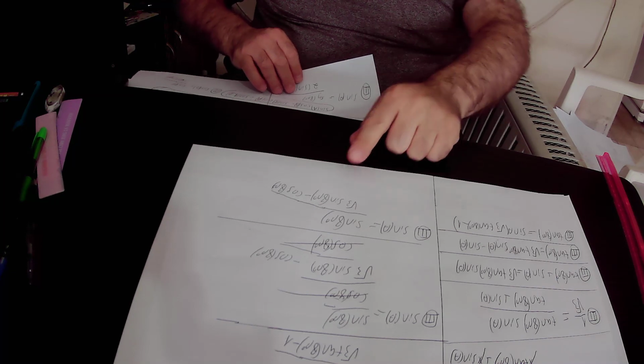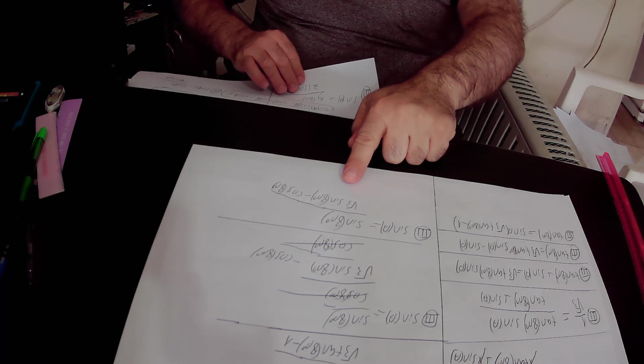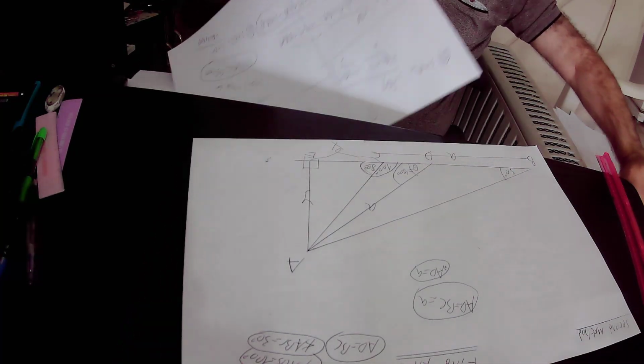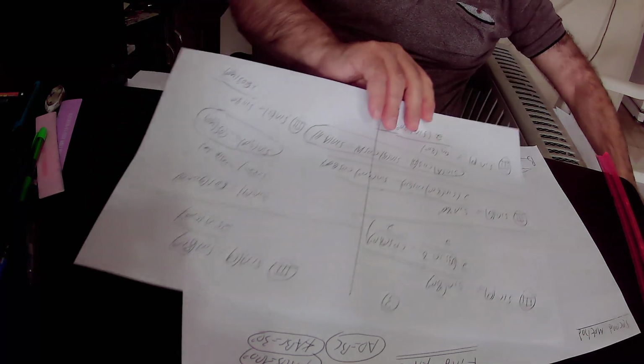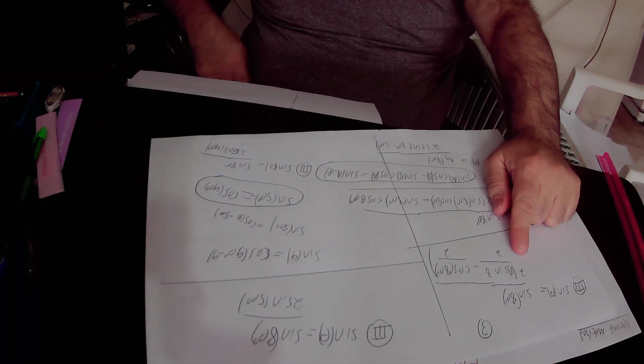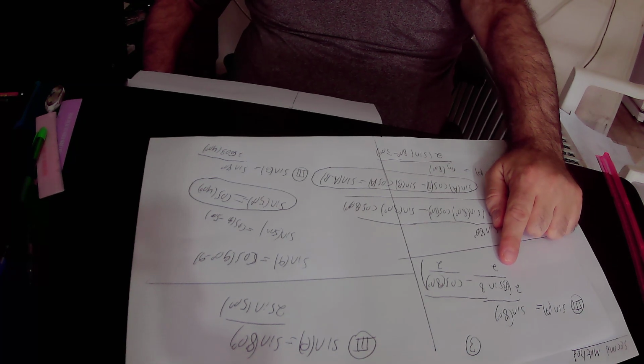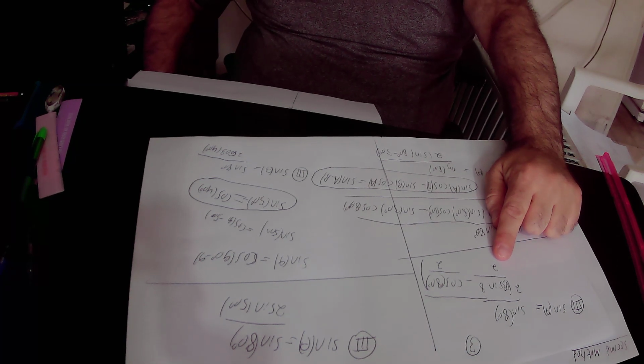So here we actually multiplied the denominator by 2, and then we divided it by 2.